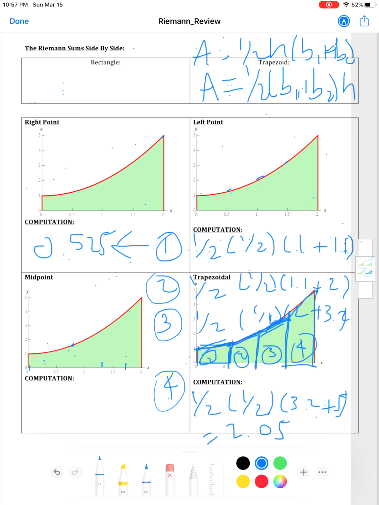Trapezoid 2, 0.775. Trapezoid 3, 1.3, and then 2.05, and we just total those up.